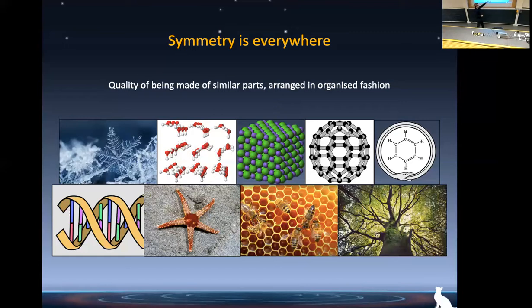Then we have this fancy picture that I was about to miss. You know the molecule, you know the story behind it. This is benzene. The chemical formula is relatively simple. It's a ring of carbon atoms with hydrogen around. But the story behind it tells a lot about how symmetry is ingrained into our mind.